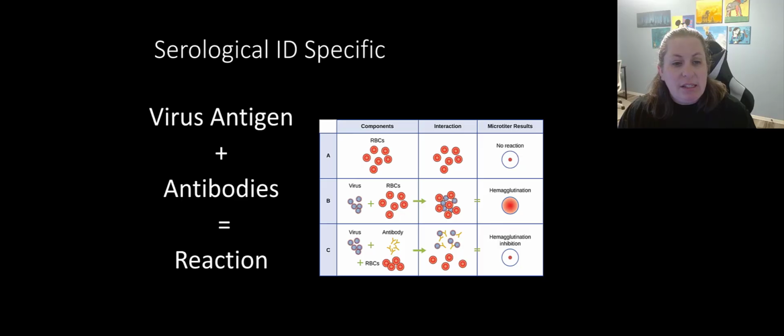But on C, we see that the viruses with the antibodies help hold on to the virus, so the virus cannot affect the blood cells. It's back to that no reaction state. This is why antibodies from your immune system are so important to help fight viruses. A lot of times what's used here is called the Western blot method in the lab.